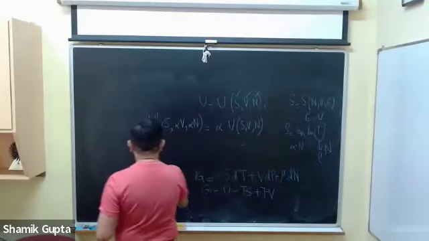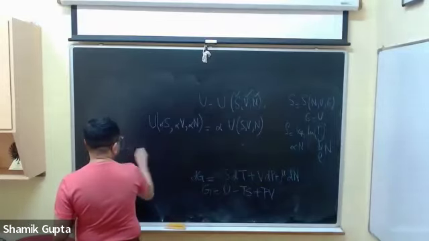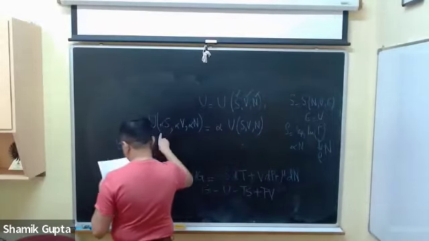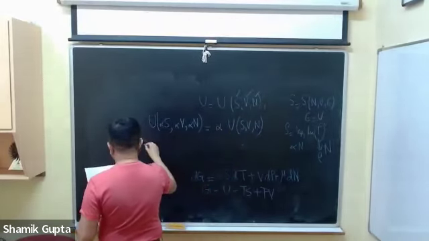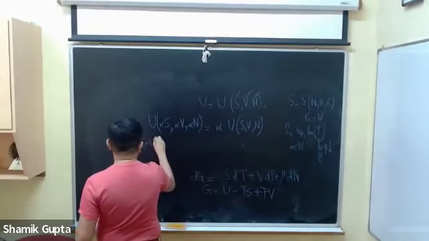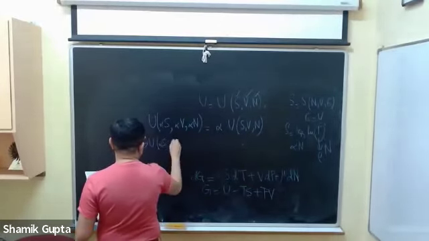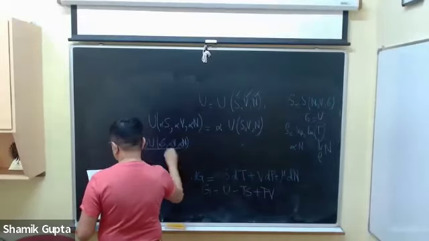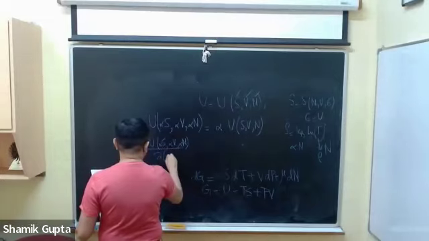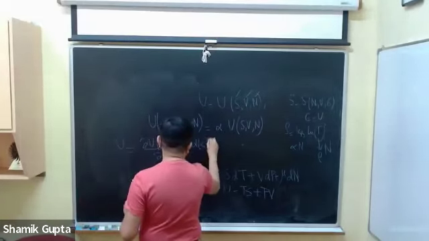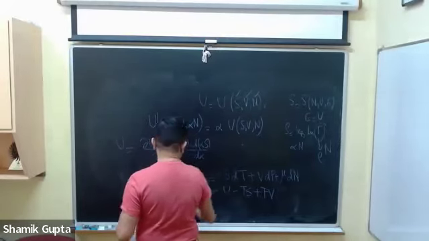You differentiate both sides with respect to alpha, and from this side you get U. That would be equal to del U(alpha S, alpha V, alpha N) divided by del (alpha S) times d(alpha S) d alpha, plus del U divided by del (alpha V) times d(alpha V) d alpha, plus del U divided by del (alpha N) times d(alpha N) d alpha.